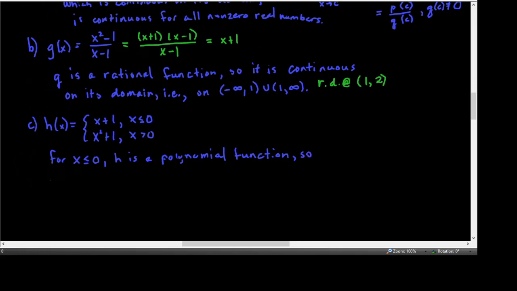So h is continuous because it's a polynomial for all reals x less than or equal to 0.